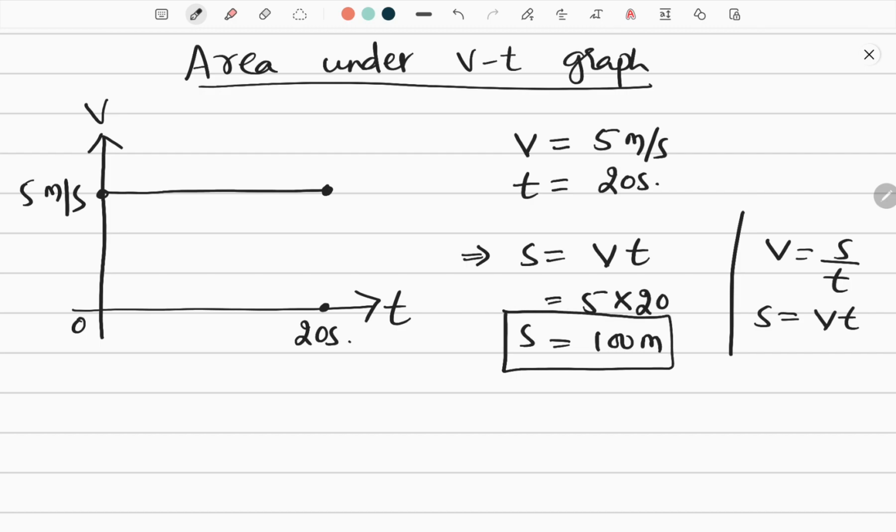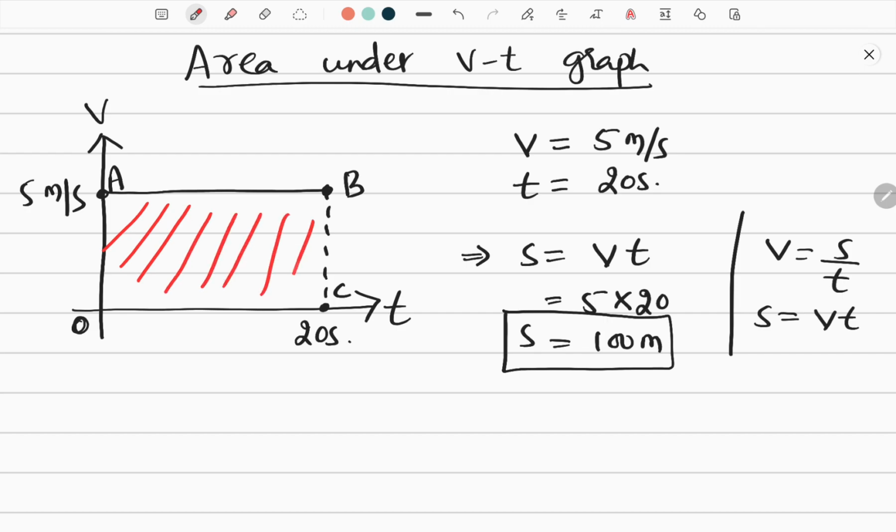That is quite obvious. Now if I draw a line here, and name this point O, this A, this B, and this point C, and we calculate this area that I am marking in red, the area of OABCO, don't you think it is a rectangle?